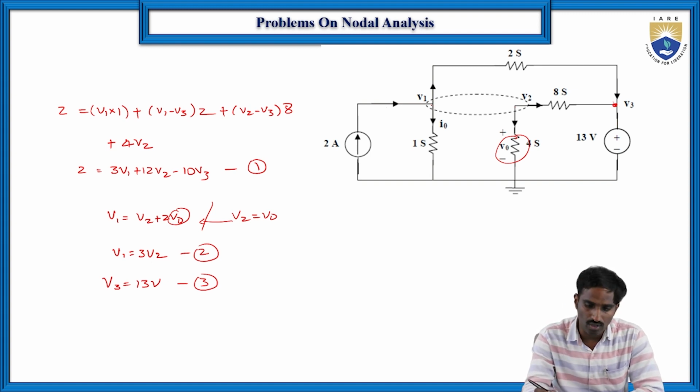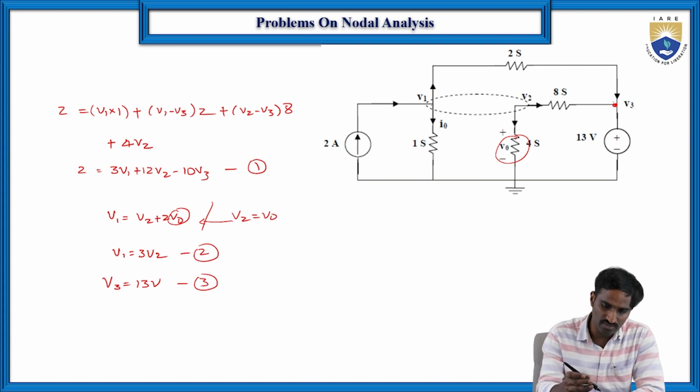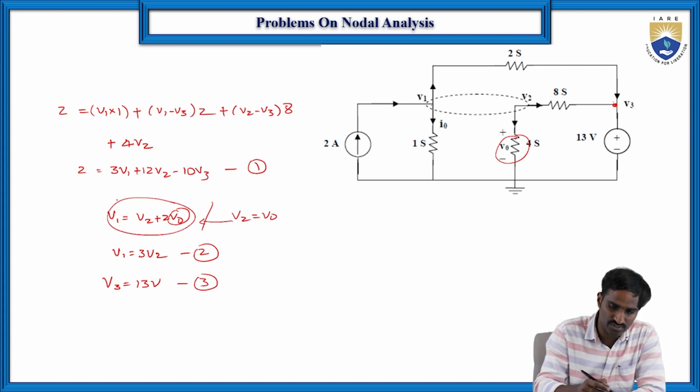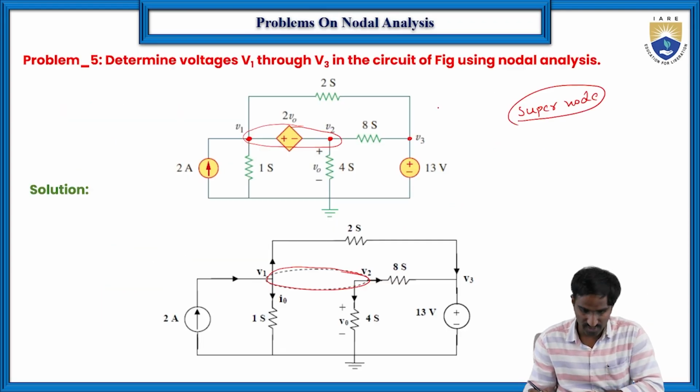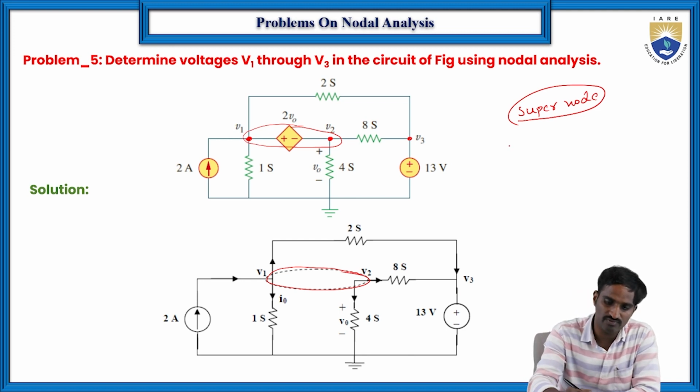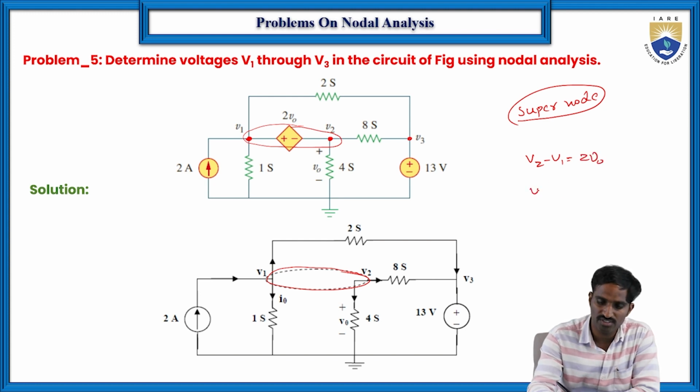So how did we get this equation, especially this one? V2 minus V1 is equal to 2 into V0, because between them the 2 V0 source is there.